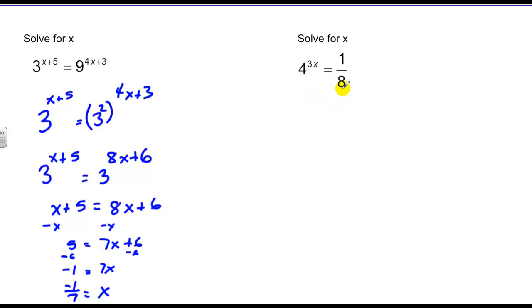Now, the problem is 4 to any power that I know of is not going to equal 8, and 8 to any power that I know of is not going to necessarily equal 4. So I'm going to have to change my base maybe on both of them. And the most likely base I can think of is 4 is 2 squared and 8 is 2 cubed. So let's go ahead and make a base of 2.